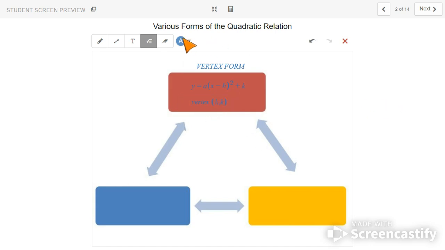Today we're going to start talking about the standard form. The standard form is not something that we have talked about yet, but you have definitely seen it, because when we were doing factoring trinomials, you've seen it in the form of y is equal to ax squared plus bx plus c.